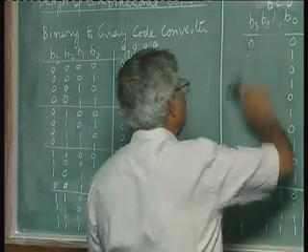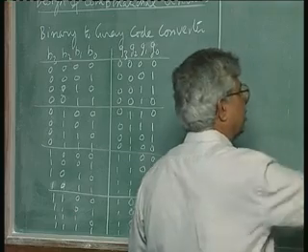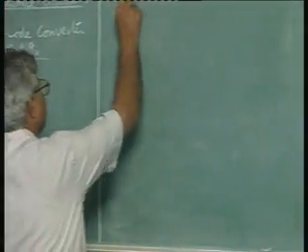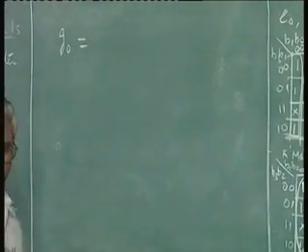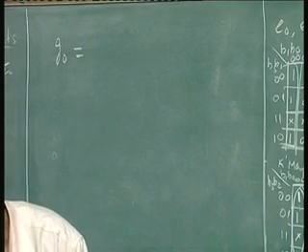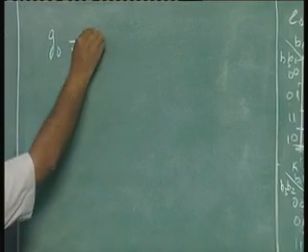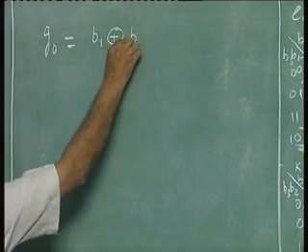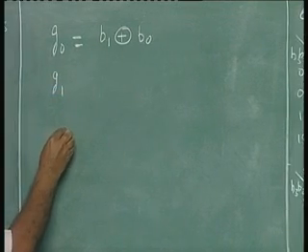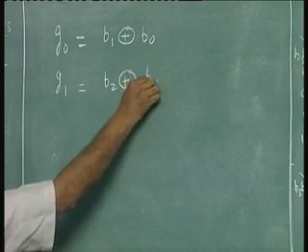So I am not going to draw the corner maps. It is your job as an exercise. I am going to give you the answers though, so you can verify this at home. G0 would be B1 exclusive OR B0, G1 would be B2 exclusive OR B1, it's very simple.